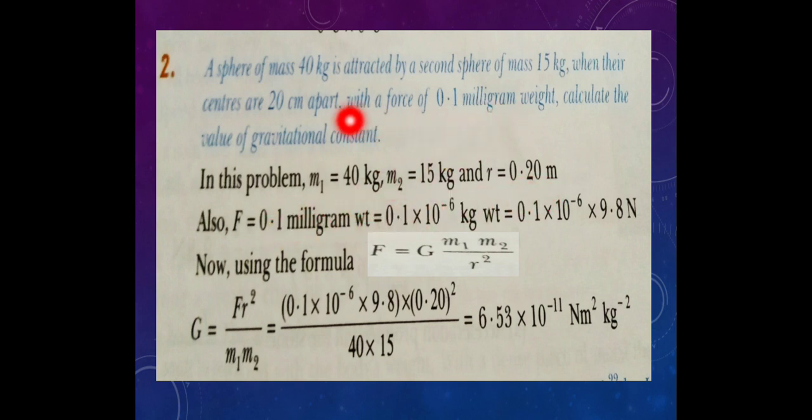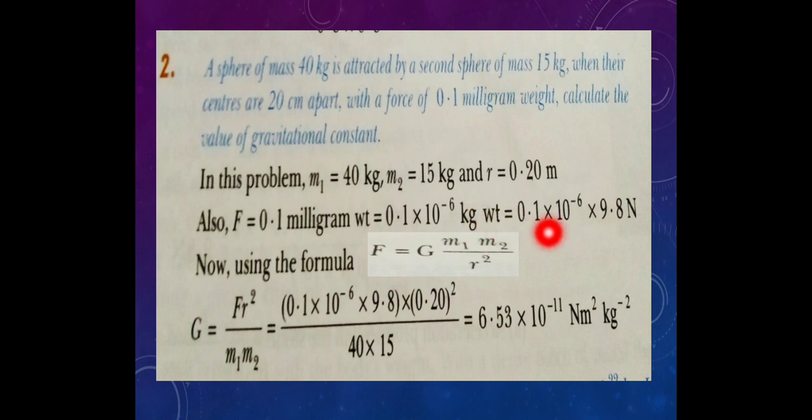Now they are saying that with a force of 0.1 milligram weight. So here force is 0.1 milligram weight. We have to change it to Newton, that is 0.1 into 10 raised to minus 6. This is the method of changing. Milligram it is there, we have to change it to kilogram.